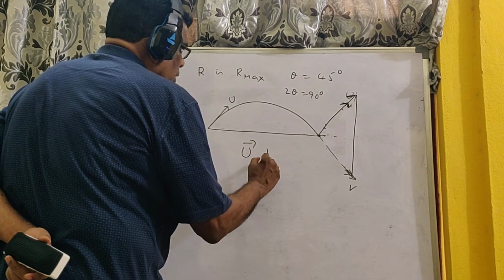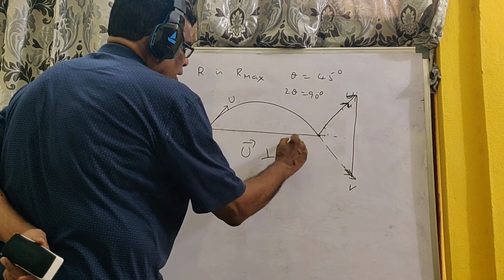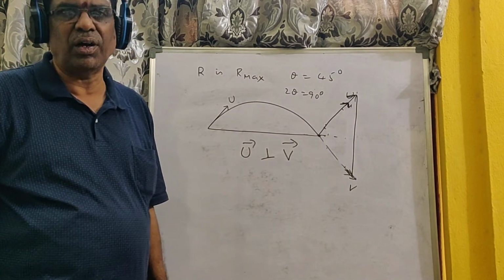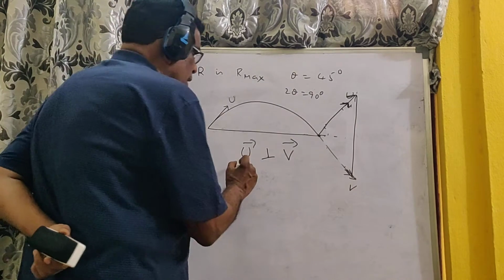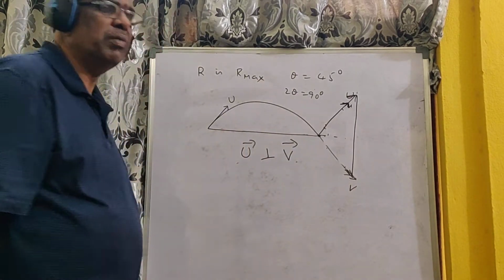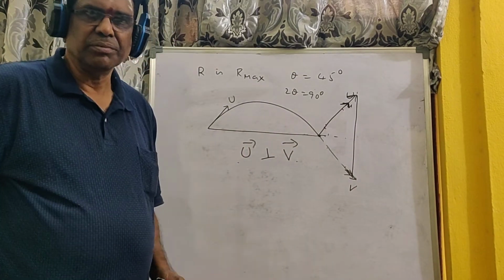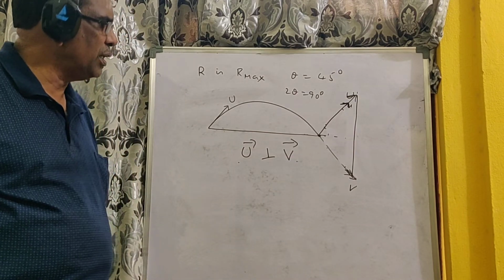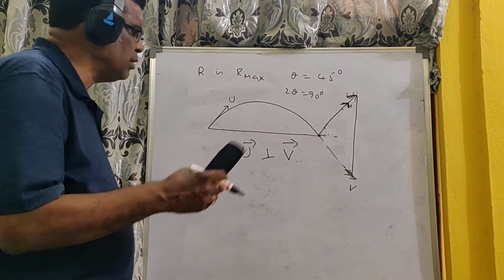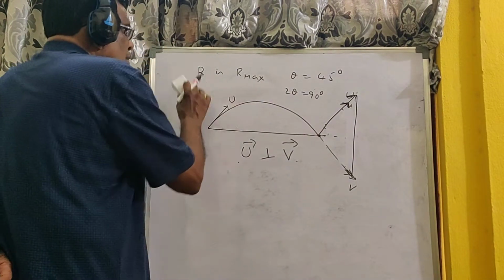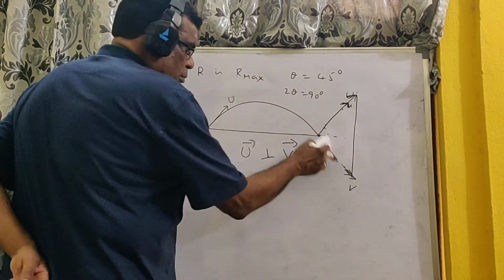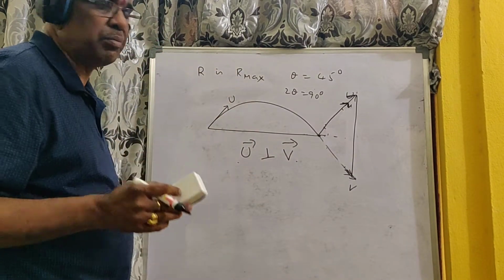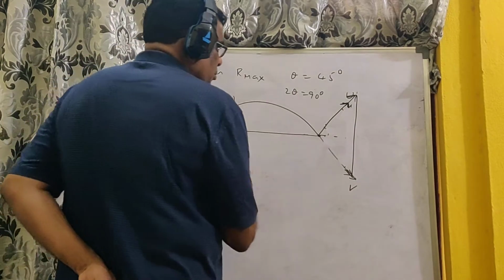U bar must be perpendicular to V bar at the point of landfall, and then you will have maximum range. It's a very important case, and I will definitely discuss this point again. But keep in mind that this angle must be exactly 90 degrees.